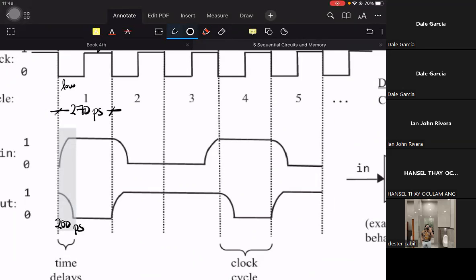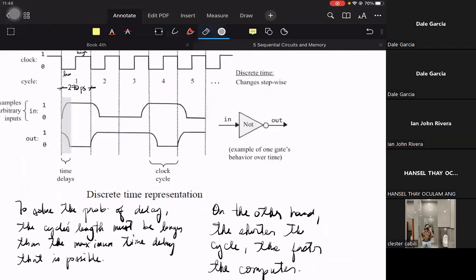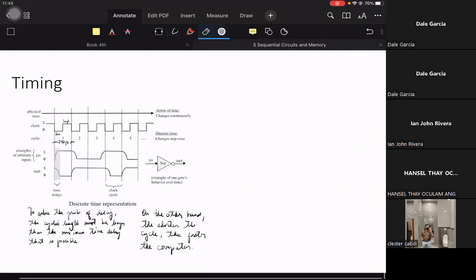Maybe 70 picoseconds is the time to stabilize. The point is that the cycle time could possibly be just slightly longer than the maximum possible delay.